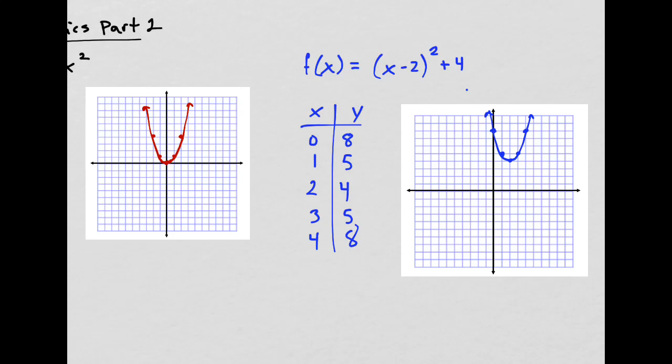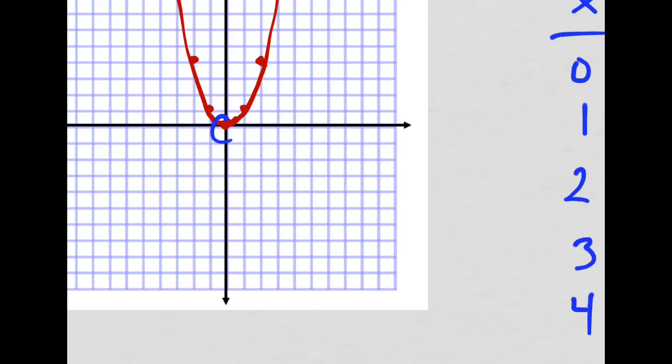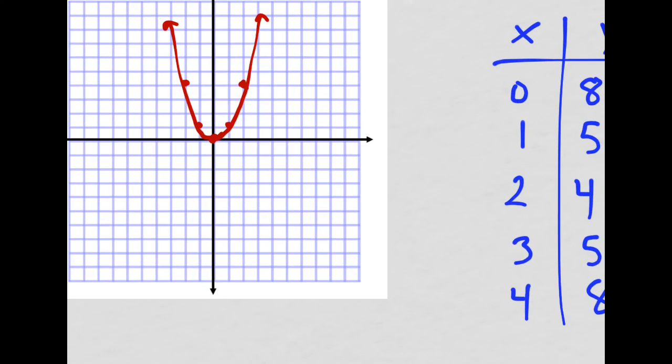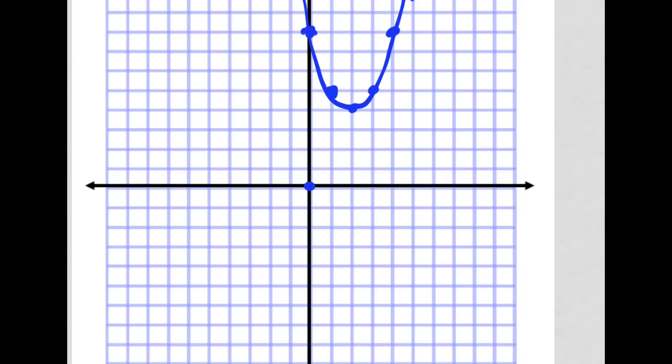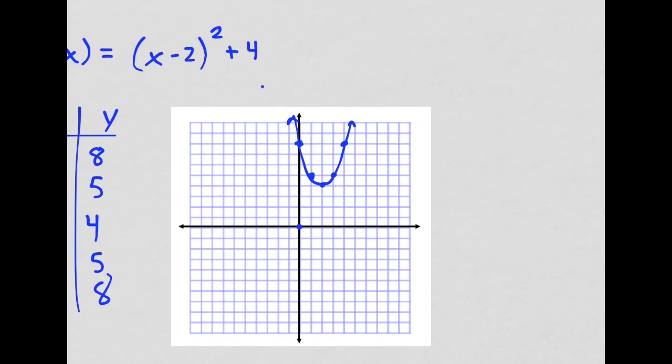And now I'm going to think about this. First, I'm thinking, okay, where did I start here? 0, 0. That's known as the vertex. So the vertex here is 0, 0. If I start here, how much do I have to move over to get to this vertex? So how much do I have to move to the right? That would be 1, 2. So I have to move to the right 2.